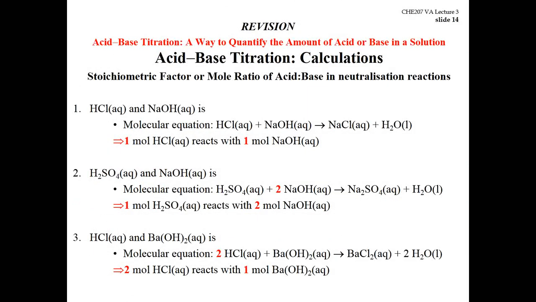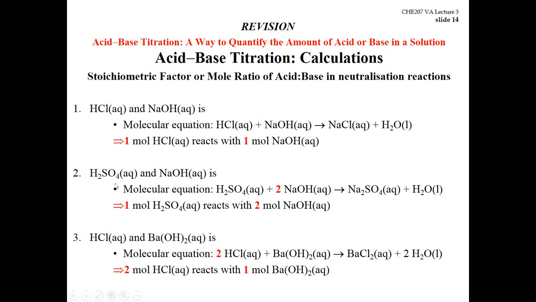Now let's have a look at 3 reactions between acid and base. The first one, we have HCl react with NaOH. From the balanced equation here, we see that 1 mole of acid reacts with 1 mole of base.